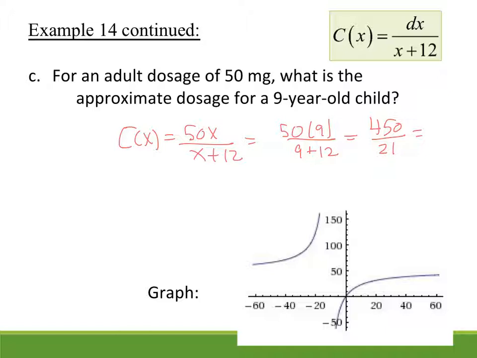So for 50 milligrams, we have about 21.4 milligrams that's given to the child.